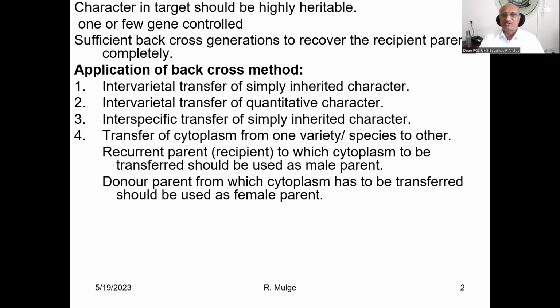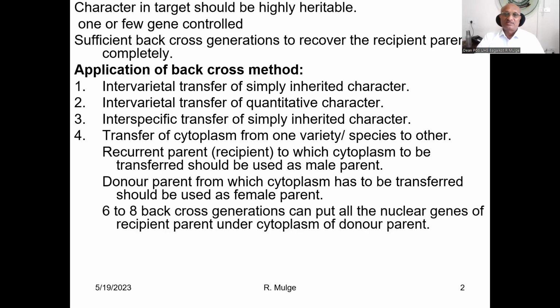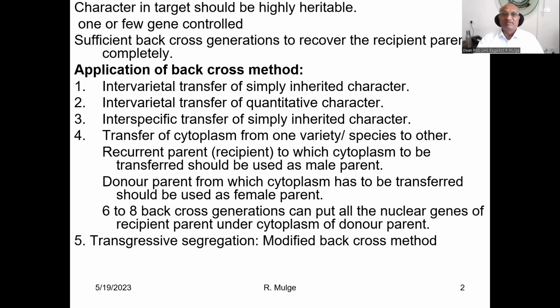So your genotype is going to have all the nuclear genes of the recurrent parent and the cytoplasm of the donor parent. You need 6 to 8 backcross generations to get the complete nuclear genes of the recipient parent under the cytoplasm of the donor parent. So that's the minimum required.